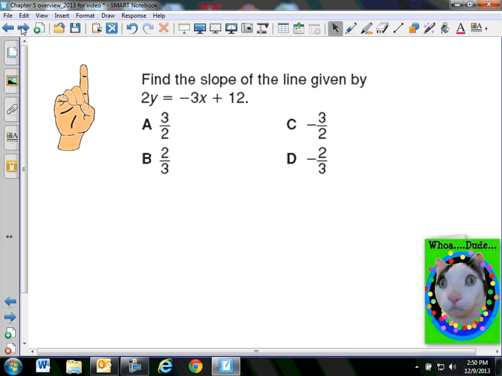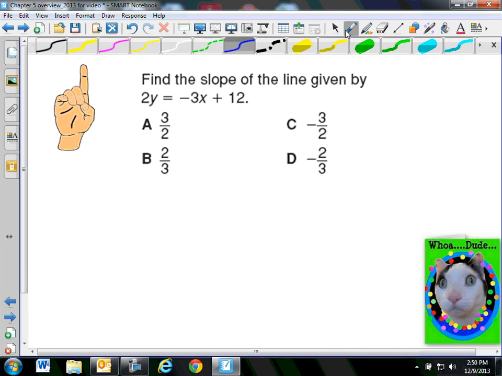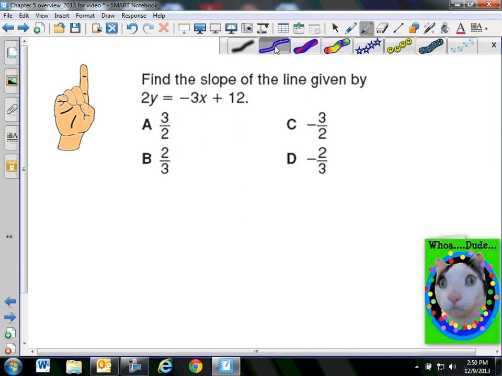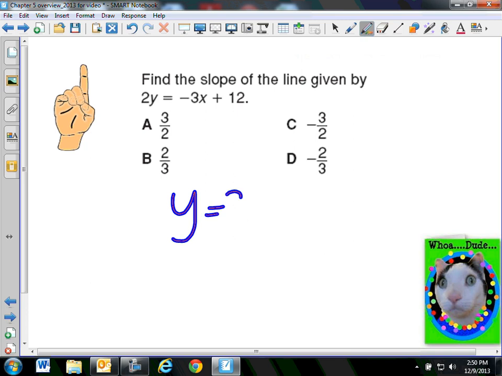All right, next one. Find the slope of the line given by, and they give you an equation. Now, notice how this looks nothing like this. I meant to write down the variable. Remember this?